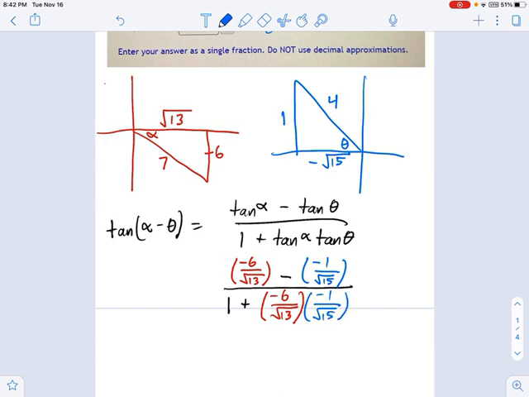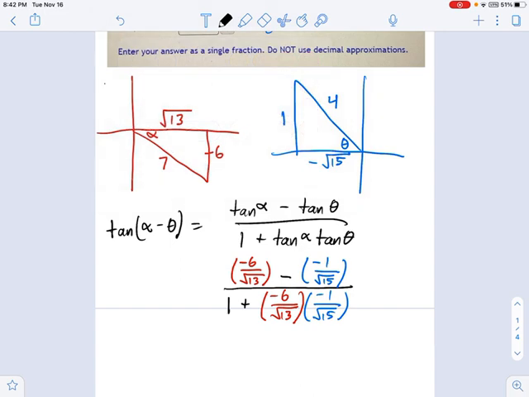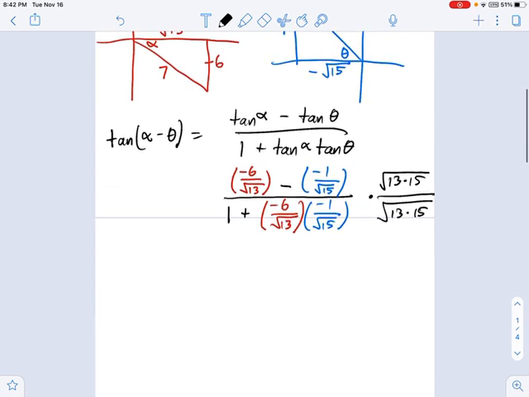Now, this is awkward looking, to say the least. I've got compound fractions. To deal with this, I'm going to multiply top and bottom by root 13 times 15. This is my way of clearing the denominators. So let's see what we get.